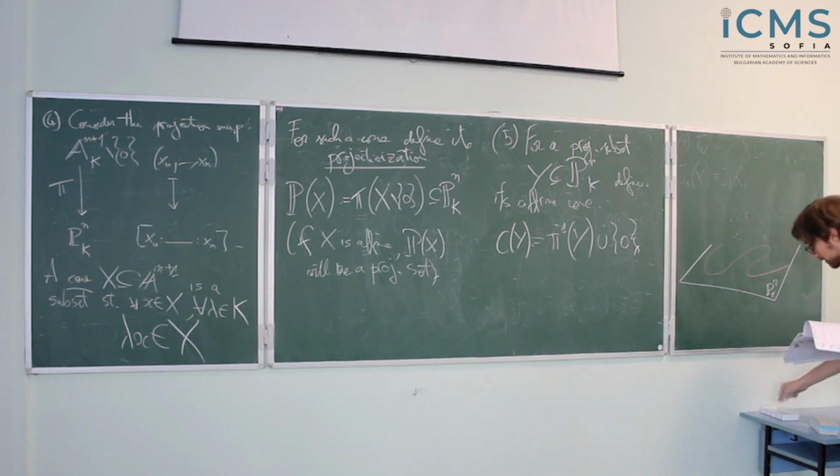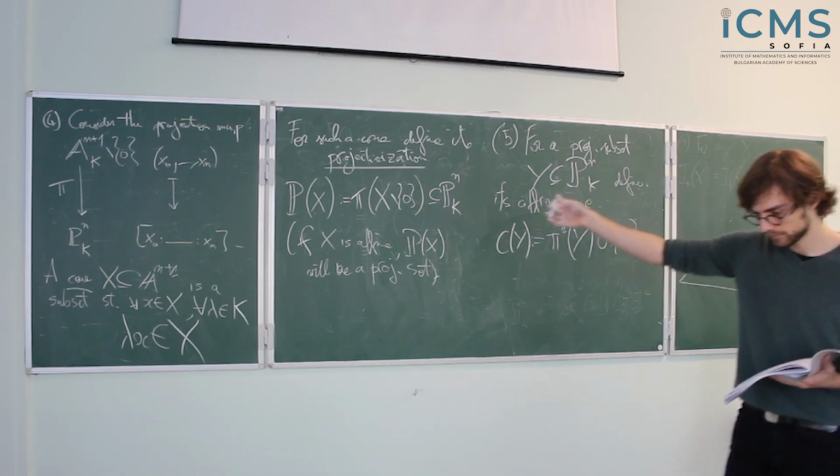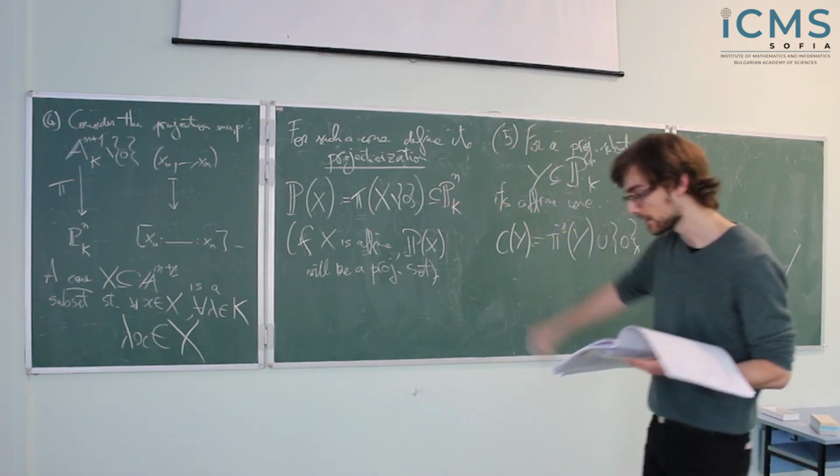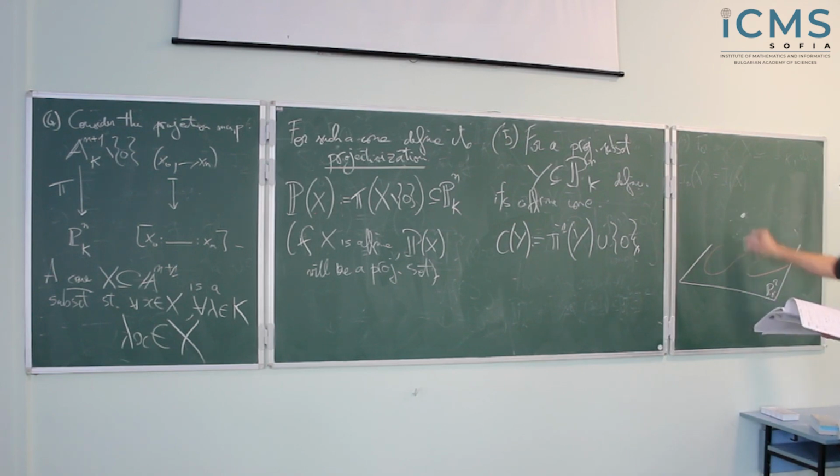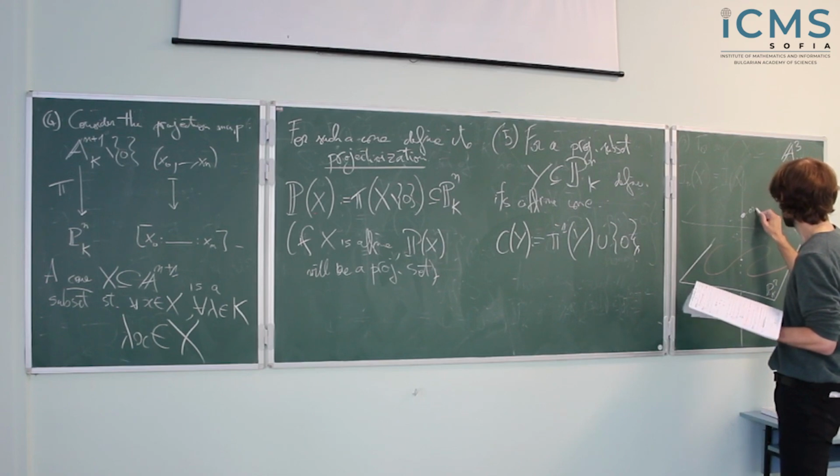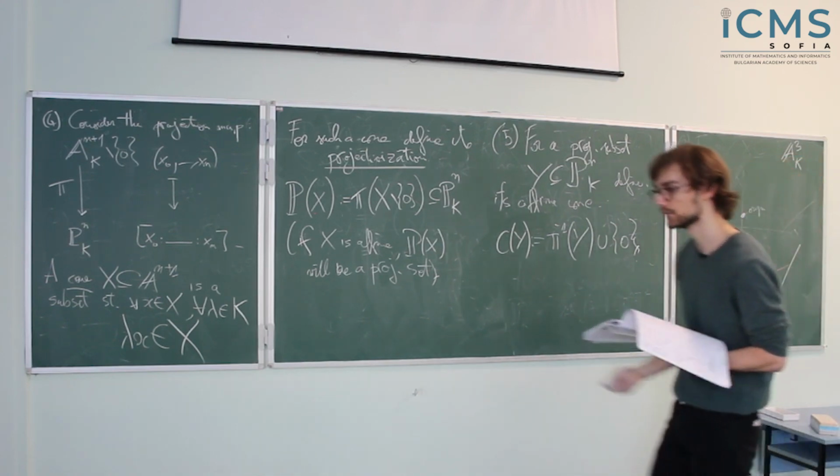Now remember the picture we erased back. I had the origin going through somewhere here. So this whole picture is supposed to be in A3 of K, and this is only part of the projective space. This is the origin, 0.